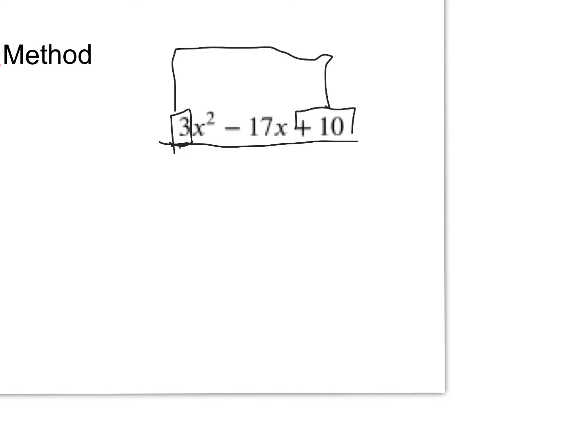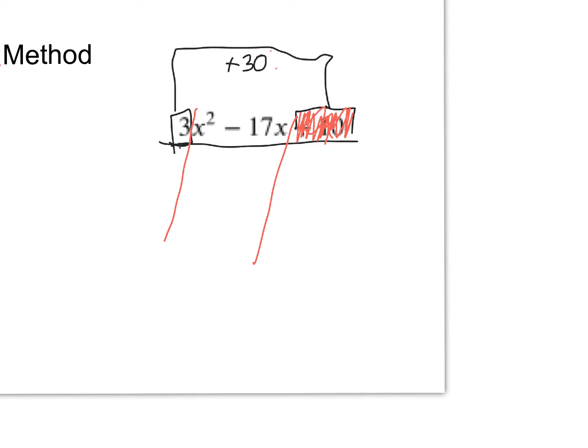So 3 times positive 10 is positive 30. Now we're going to set up our slide. We split the 3 and the x squared and split this positive 10 off. I don't need this anymore, so it can go away.